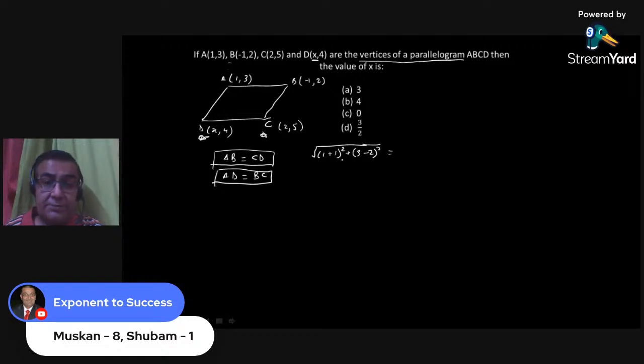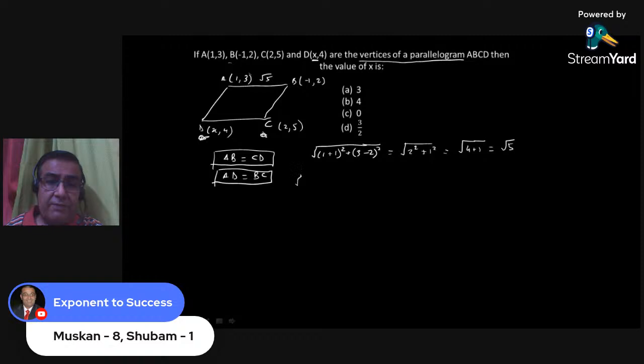So 1 plus 1 is 2, and 2 square is 4, and 3 minus 2 is 1, so 1 square is 1. So 4 plus 1 gives us root 5. So the distance AB is root 5, and that should be equal to CD. Now let's find what CD is equal to.